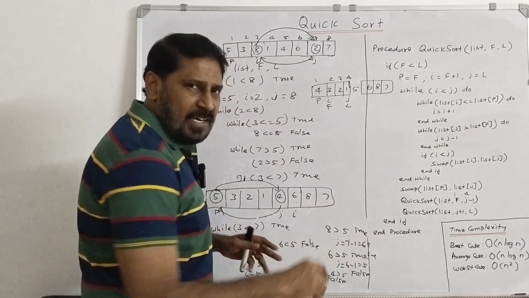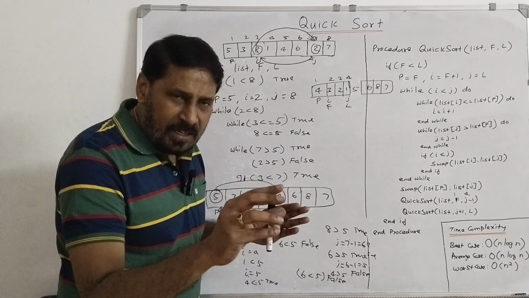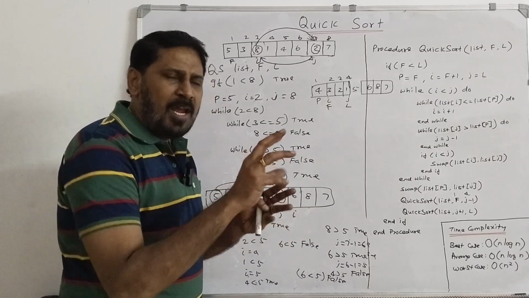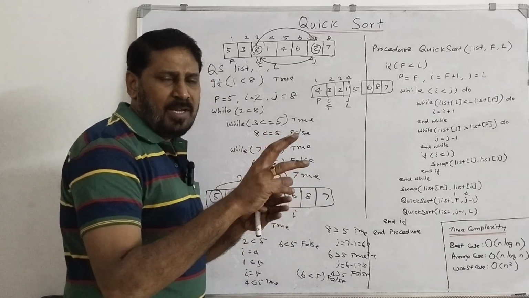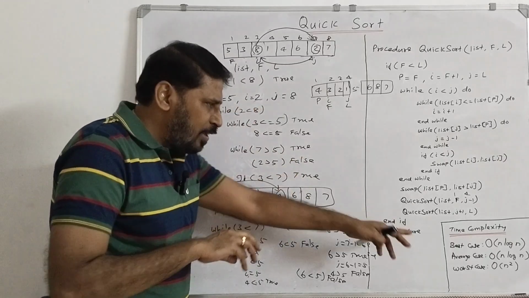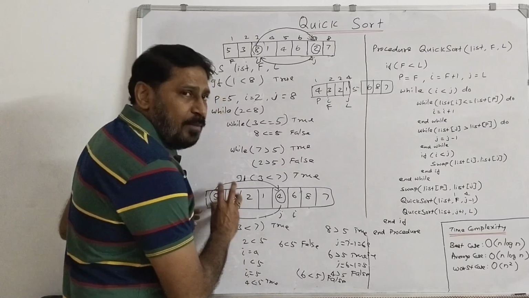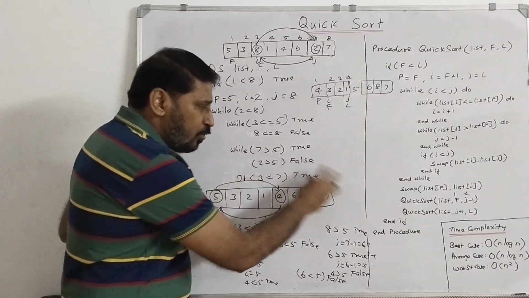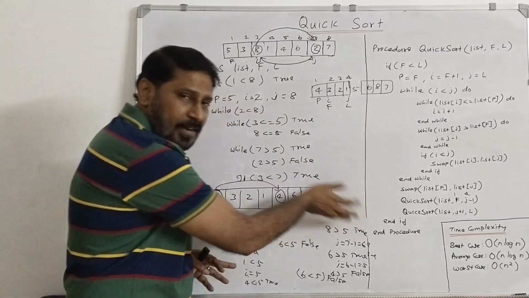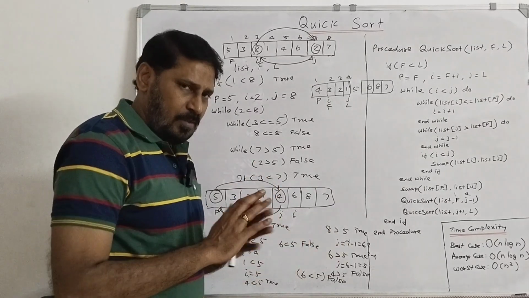What is the average case? In the average case, the pivot element is not exactly the center element. It may differ by one or two places from the center element. That is called the average case. The worst case is when the pivot element goes to the last end or the first end, and the complexity is very huge.